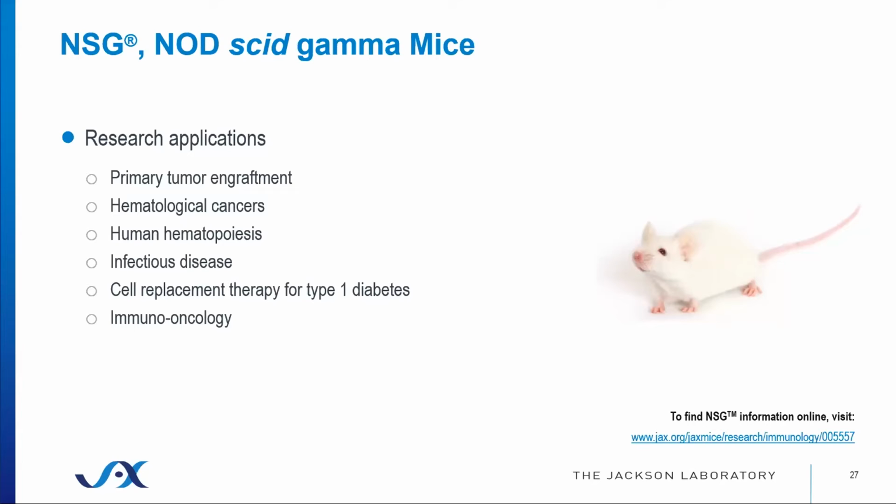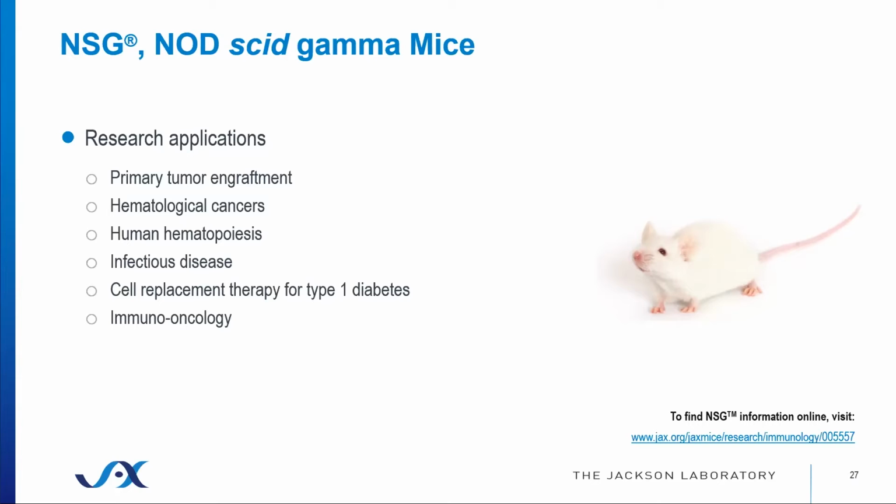They're also a great platform for studying basic principles of human hematopoiesis, as well as infectious disease, various autoimmune diseases. We're going to pay some special attention to type 1 diabetes as probably one of the most typical autoimmune disease platforms that folks look at, and some other immuno-oncology platforms, some of which are addressed by JAX in vivo services, which we'll touch on briefly towards the end of the webinar.